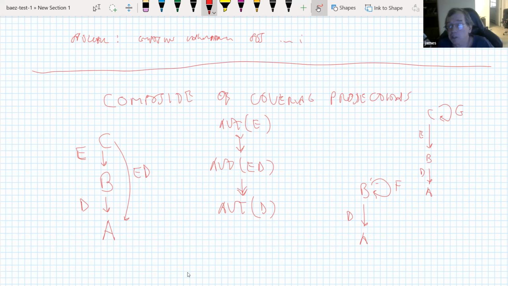Well, there's this device called the universal cover. That's a machine for being able to think of your fundamental group as the automorphism group of a universal cover.